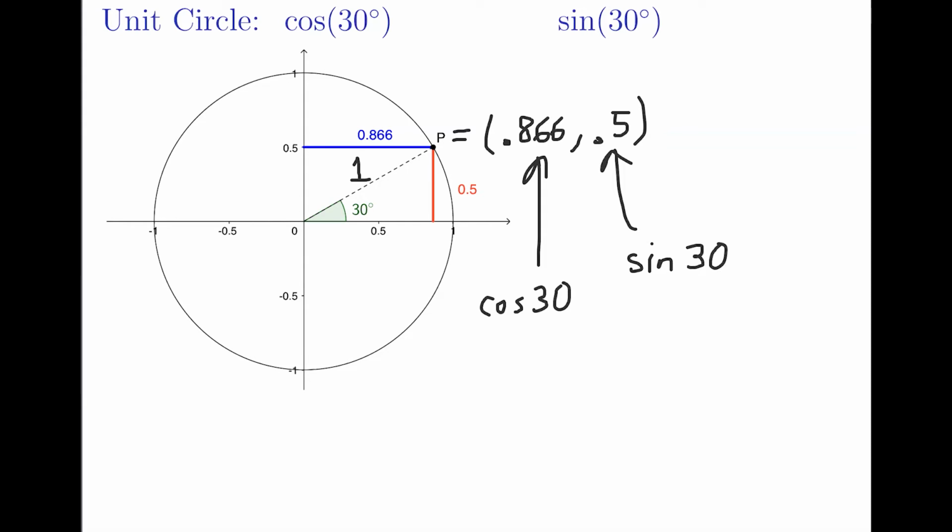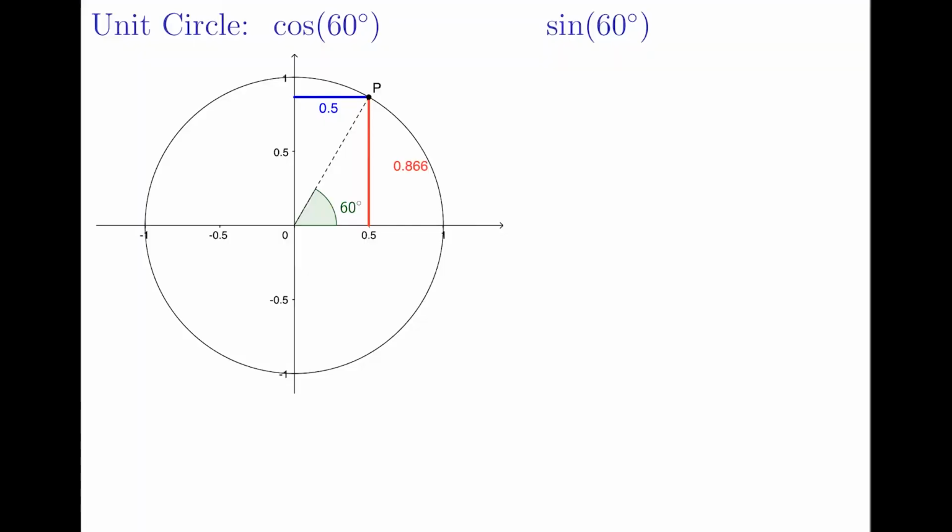So the sine of 30 degrees can be thought of as the y value of this point on the circle. The cosine of 30 degrees can be thought of as the x value of this point on the circle. And you can also, if you want, think of the cosine and sine of 30 degrees as being how far over and how far up you have to go in order to hit the point on the circle corresponding to a 30-degree angle.